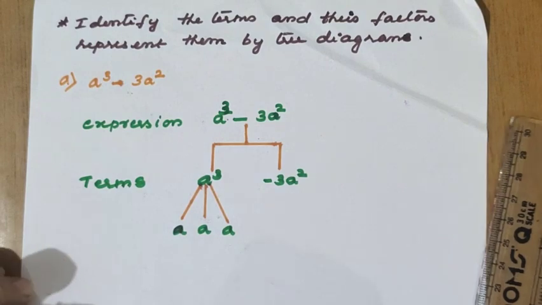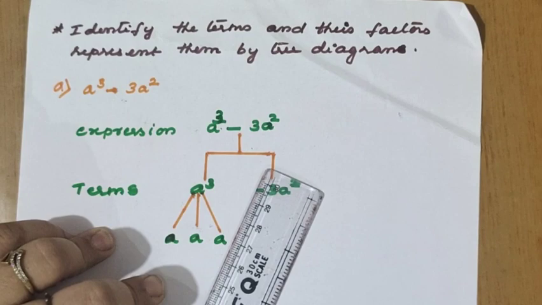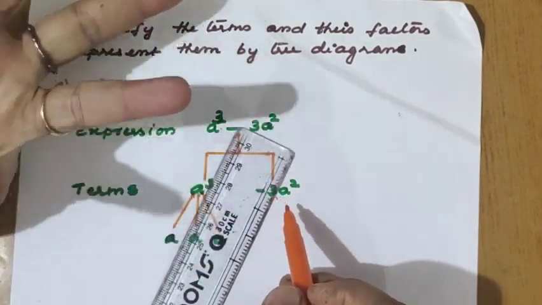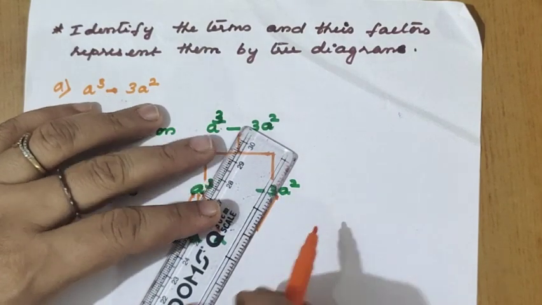Now what is the next one? Minus 3a square. How are we getting it? In the same way we have to draw minus 3, a and a. So I'll make 3 lines again.